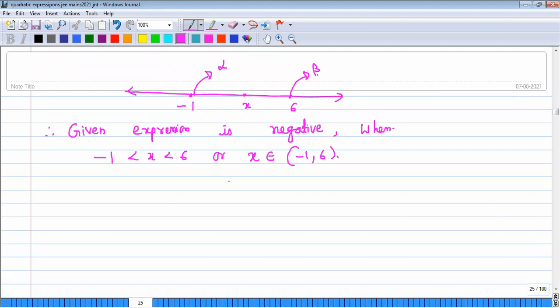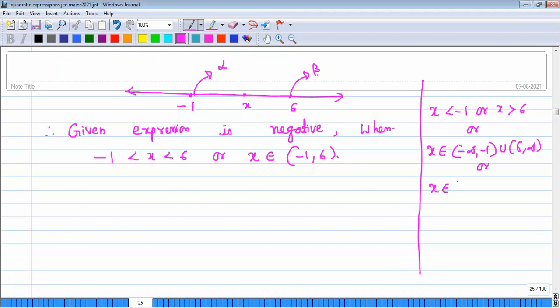When the expression is positive, in the same question, we write x is less than minus 1 or x is greater than 6, or x belongs to minus infinity comma minus 1 union 6 to infinity, or x belongs to capital R minus the open interval minus 1 comma 6. Three ways we can write for positive, but only two ways for negative.